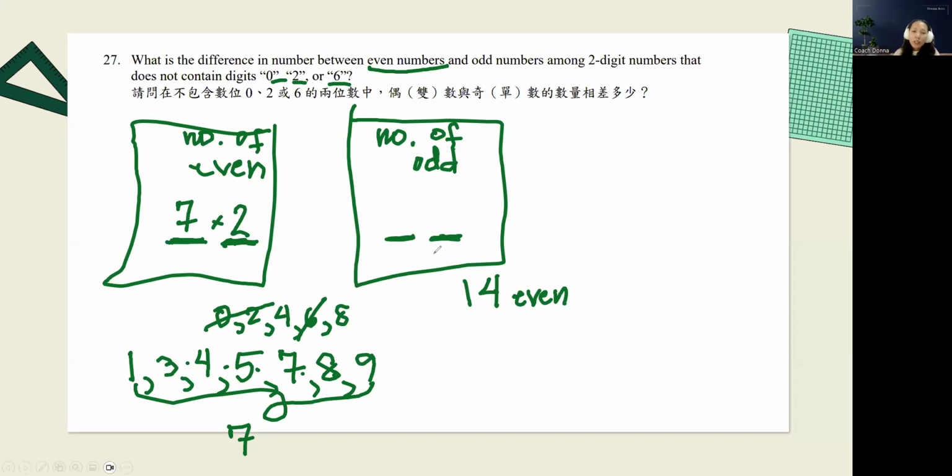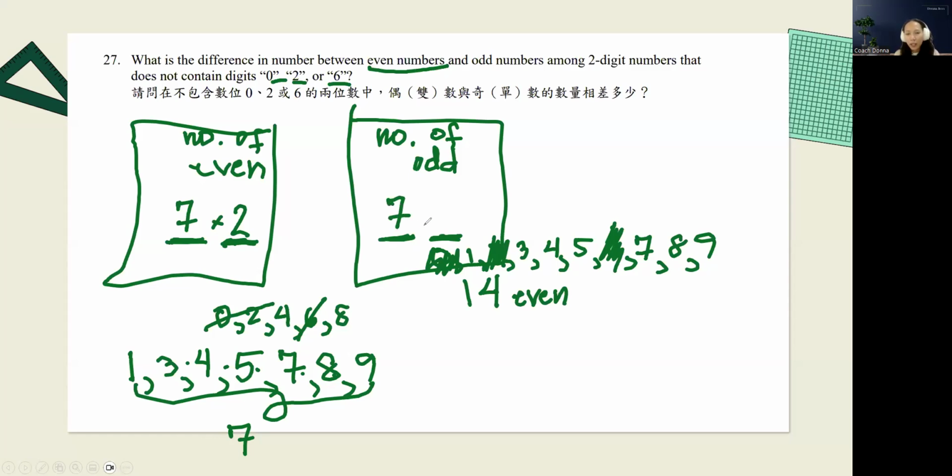Let's check: 0, 1, 2, 3, 4, 5, 6, 7, 8, 9 are the numbers, but again, we can't use 0, we can't use 2, we can't use 6. So the only allowed numbers for the tens place are 1, 2, 3, 4, 5, 6, 7 in this listing, still 7 numbers. We can't use a 0 here.